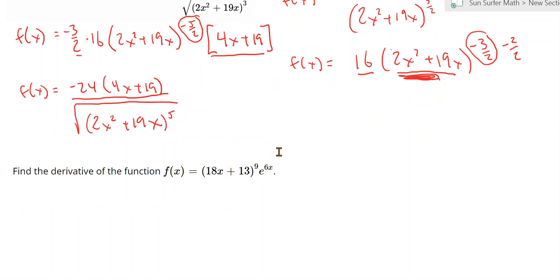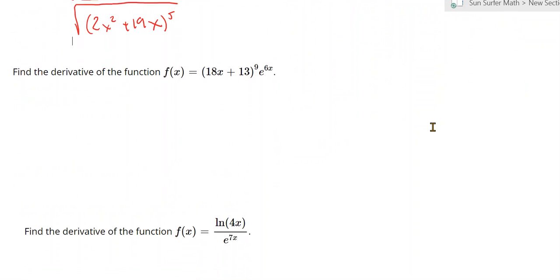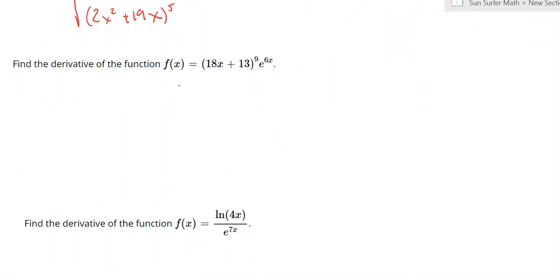All right, for the next one, we have a product. We have two different functions here, so we have to combine the product rule and the chain rule. So let's start with the product rule.